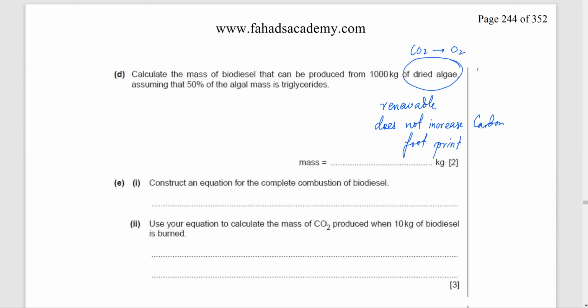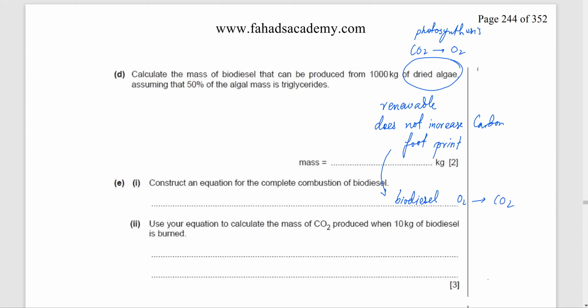ठीक है, so remember the question is, पिछला part मैंने ignore किया है. The question is he's trying to make biodiesel from dried algae. So it's a उसमें photosynthesis चल रही है, which is why net carbon footprint जो होगा ना इसका zero होगा, क्योंकि बाद में जब जाके ना biodiesel को, let's say biodiesel has been made and then you burn it to produce energy, so oxygen gets converted to carbon dioxide.